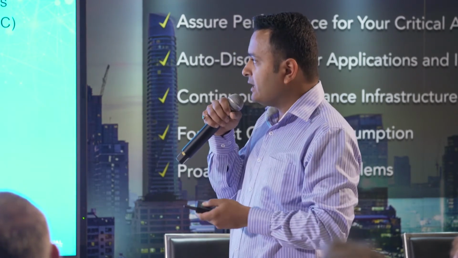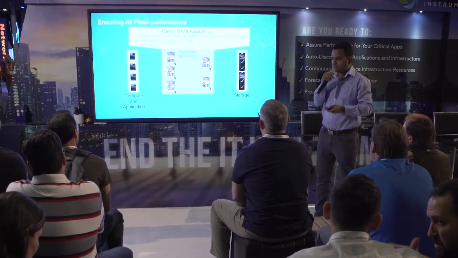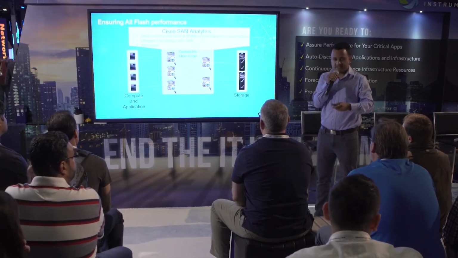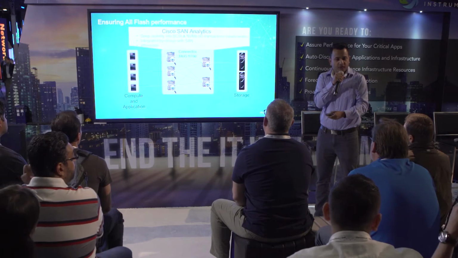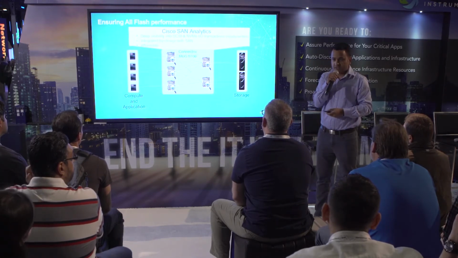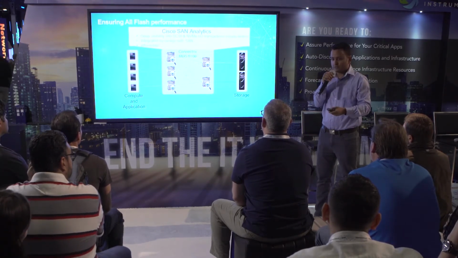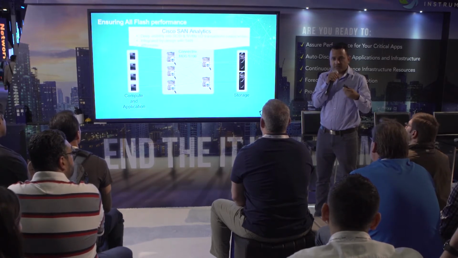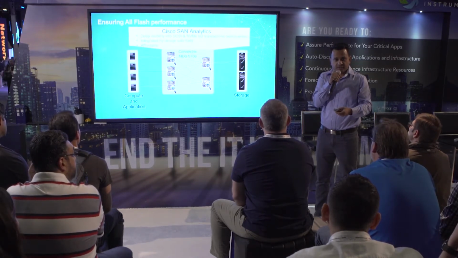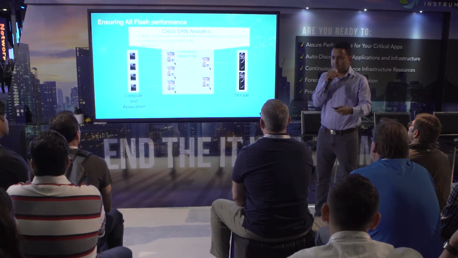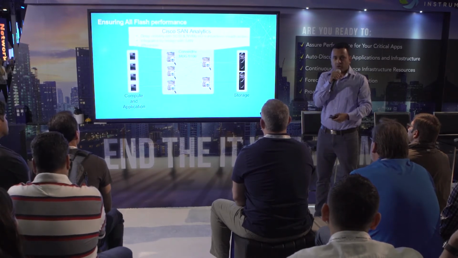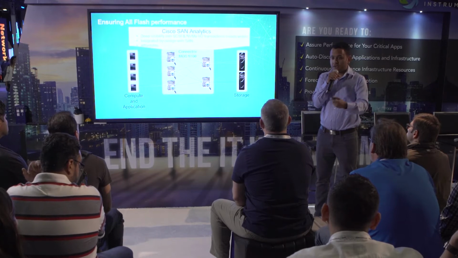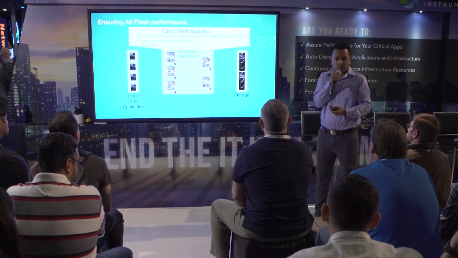So what we have done now is the switches that you see here, which sit in between your compute and storage infrastructure. These switches, in addition to switching of the frames, right? That's what a switch is supposed to do. But in addition to that, these switches can also perform deep packet inspection all the way up to the SCSI layer or your NVMe layer, depending on whatever workloads you're running.